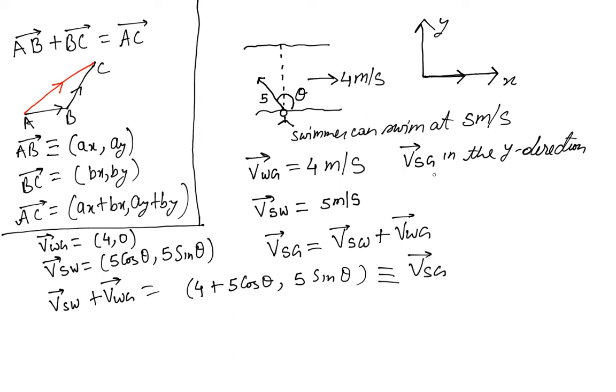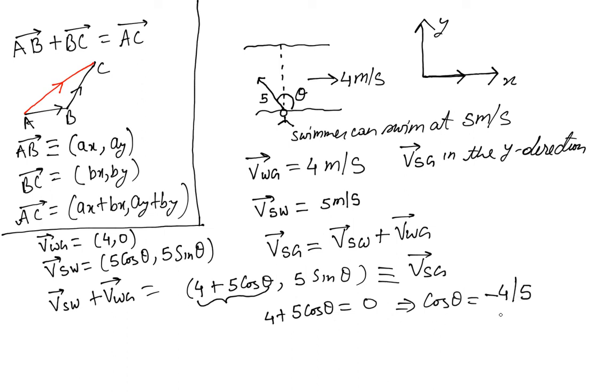Now we already know that VSG should be completely in the y direction. So we expect the x component to be 0, because if this is not 0, the swimmer is not going to end up on the opposite bank. So we expect 4 plus 5 cos theta equals 0, and that gives us cos theta equals minus 4 divided by 5.